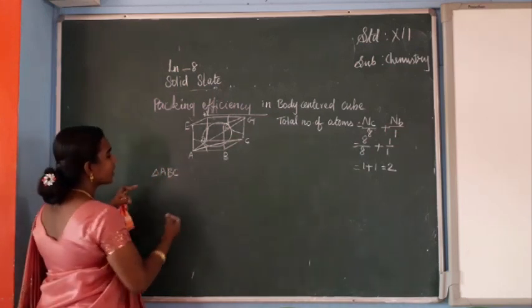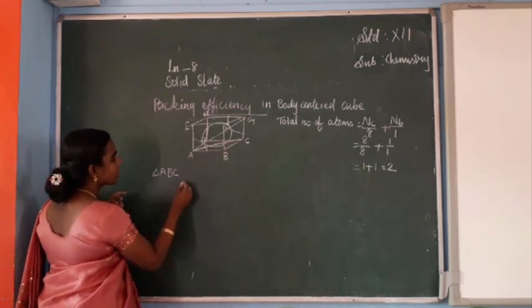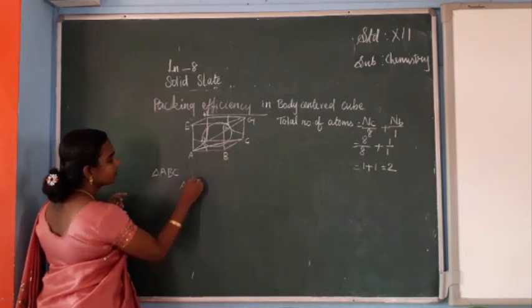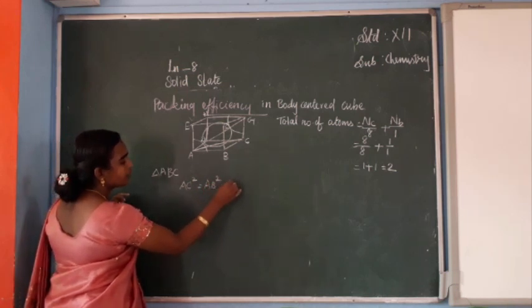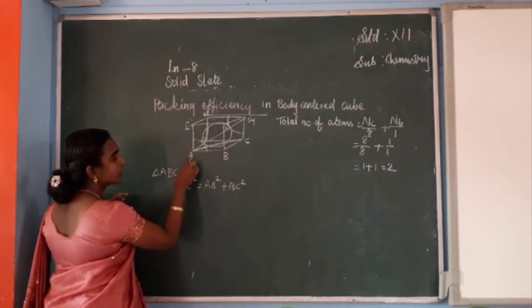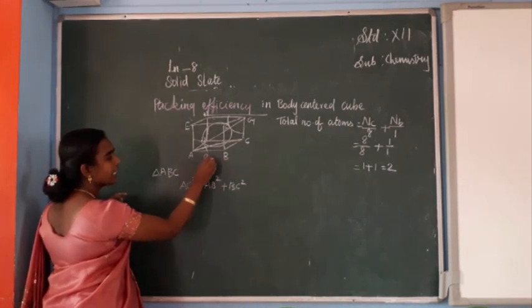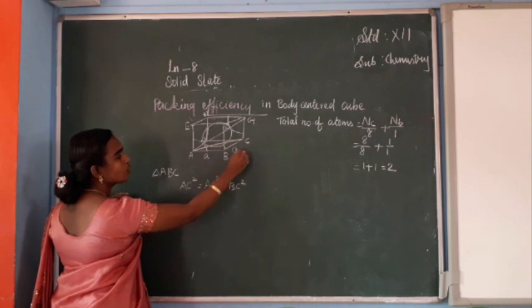Okay. So in triangle ABC, AC square is equal to AB square plus BC square. This AB length is a, and this BC length is also a.